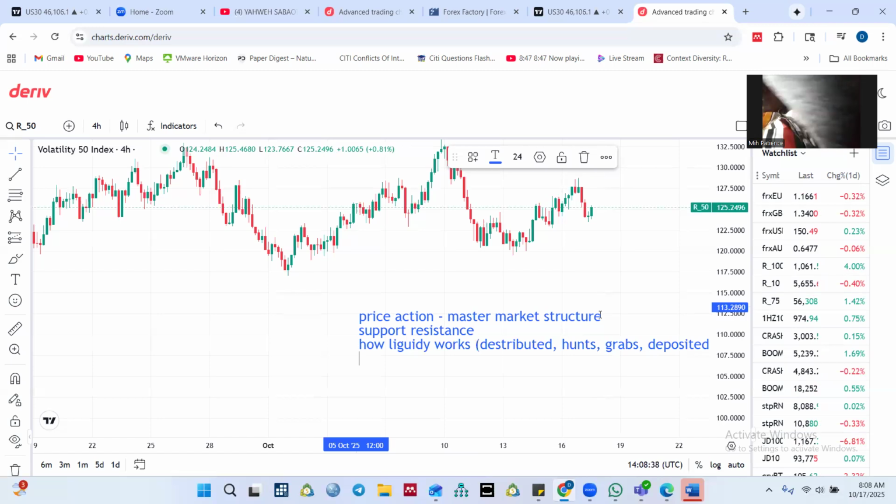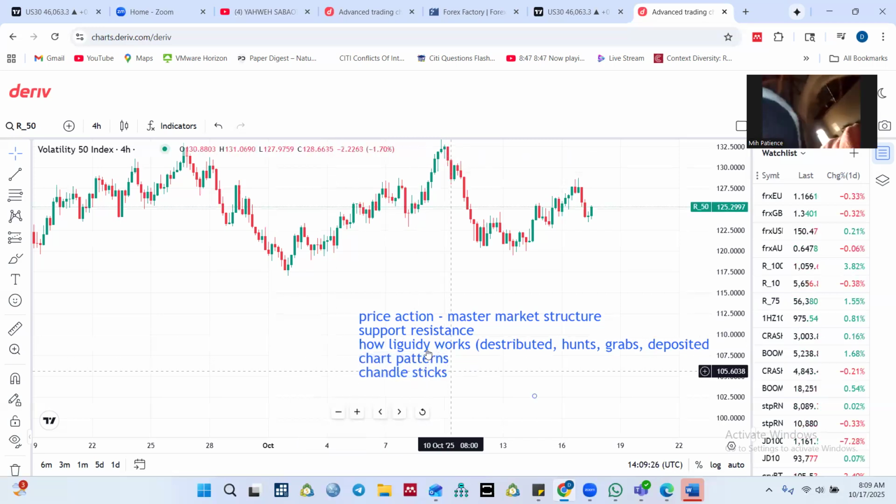And with this, one other thing that I would advise you to learn is chart patterns, and also the candlesticks, which I believe the initial mentorship you are doing should be able to introduce you to: the different chart patterns and candlestick patterns, like the morning star and different types of candlesticks.